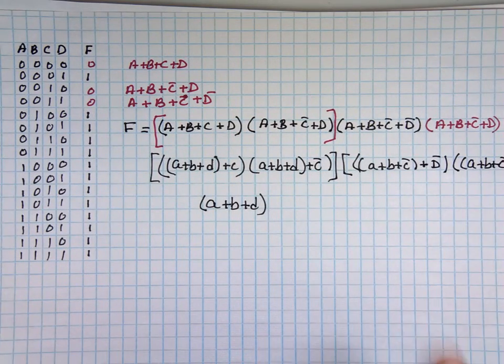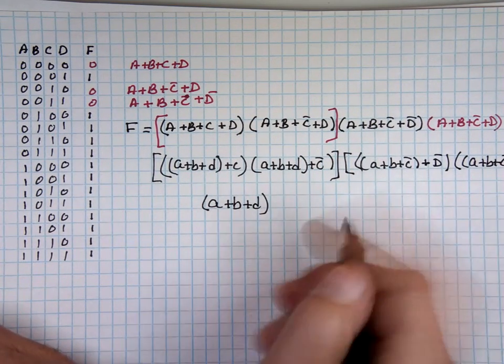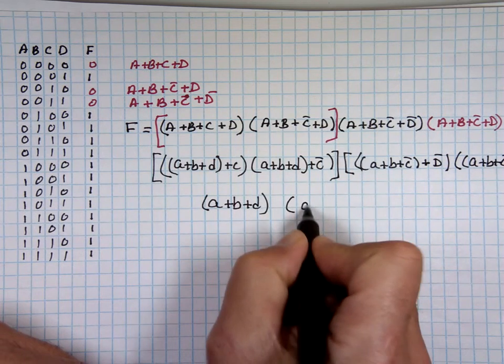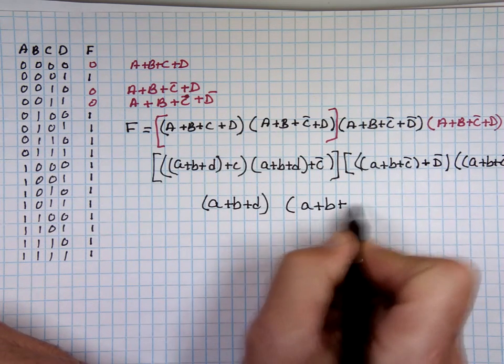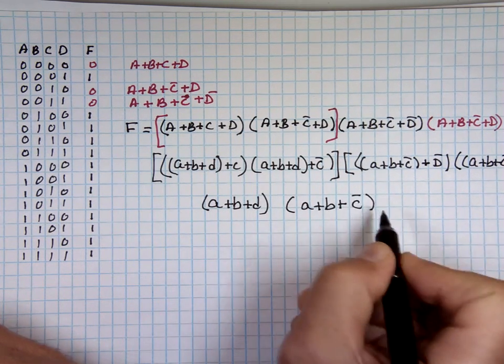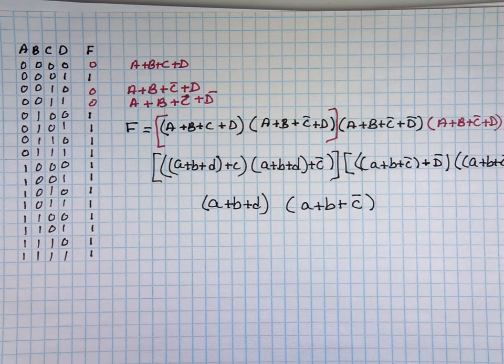You end up with A plus B plus C bar. Can I simplify any more? Doesn't look like it, huh?